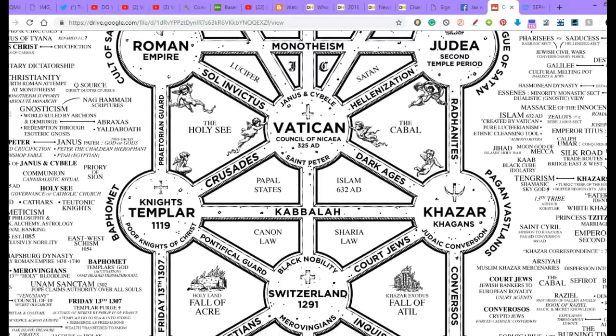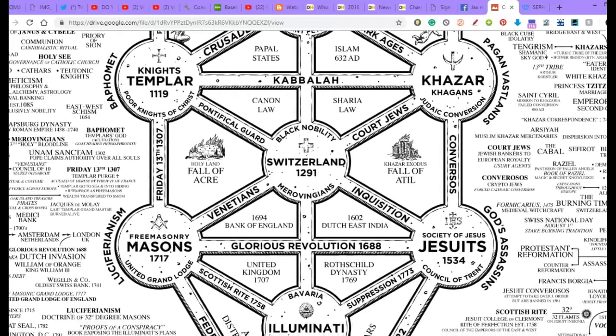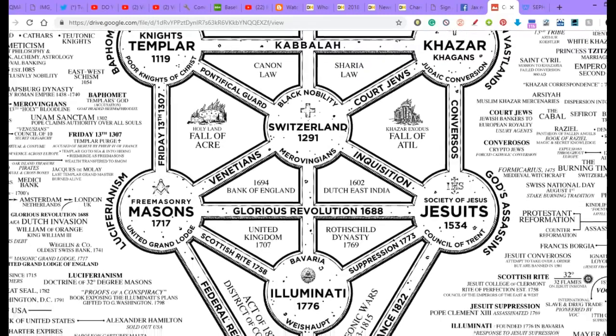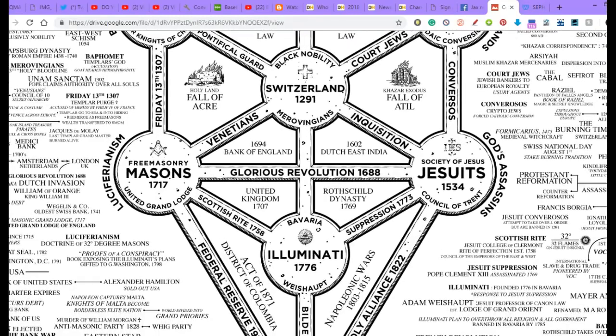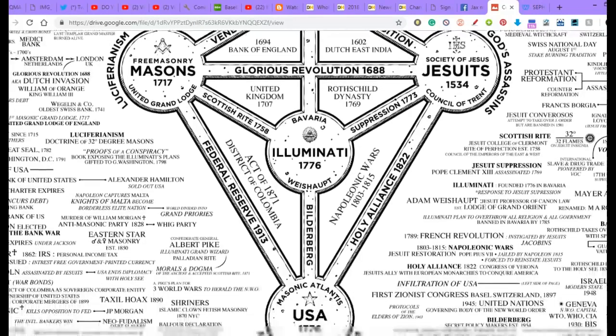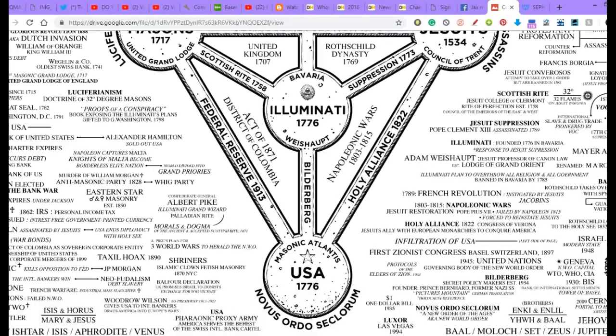Sometimes it's written here, but it's not always completely clear. And I don't want it to seem like I'm saying everyone in this whole society was a Baal worshiper or a Satanist. So hopefully that's clear. Definitely, we know most of these people are good people, especially the Masons. They're just people looking for a kind of brotherhood or something like that.